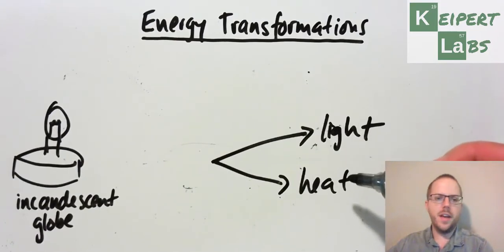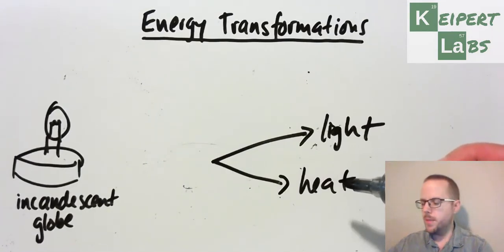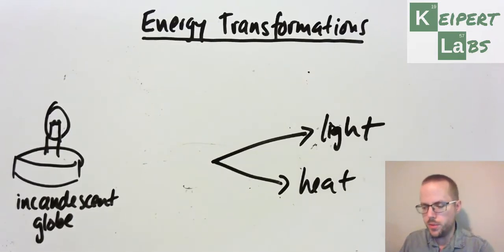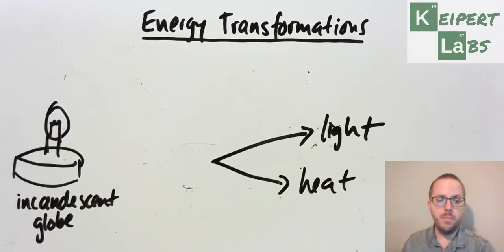That energy, again, didn't come from nowhere. It wasn't packed into the light globe just waiting to be released. It was energy that came from somewhere else. It was stored in some way in that light globe. Now, we know a light globe doesn't store energy by itself when it's just sitting in a box. It needs to be plugged into something, and that is electricity.